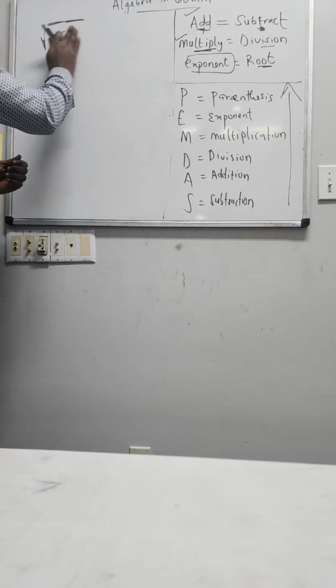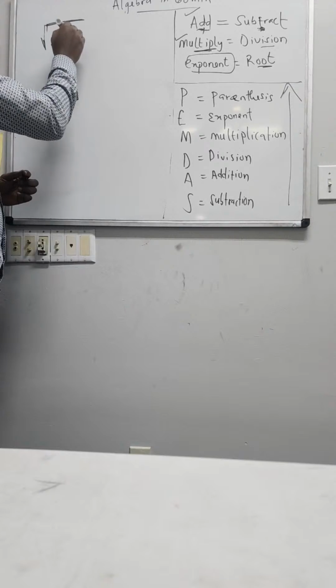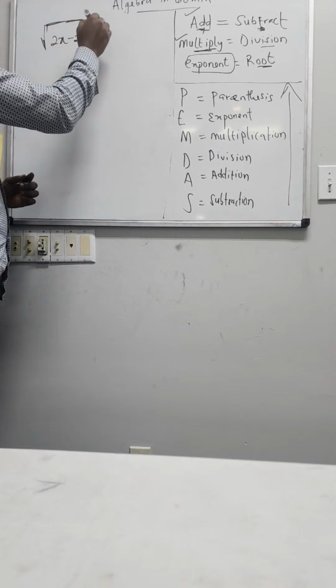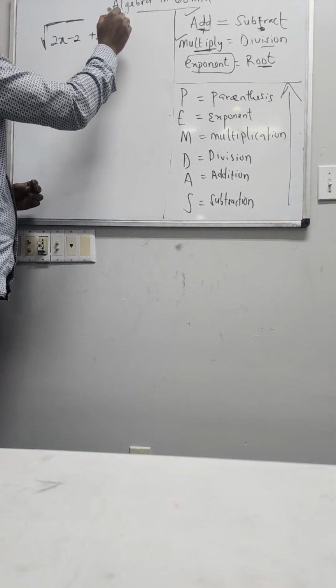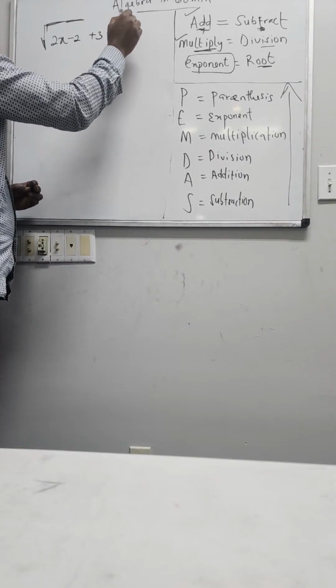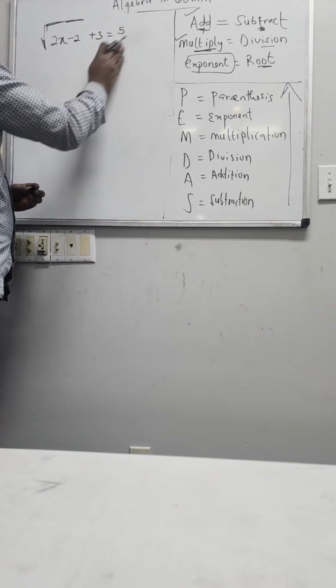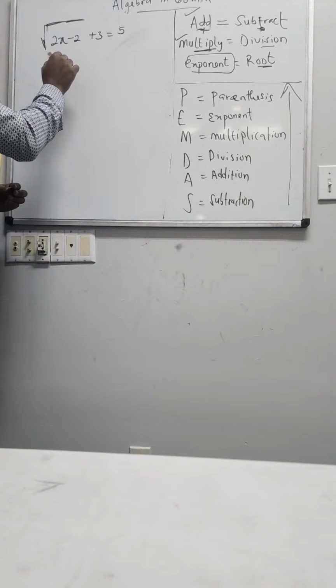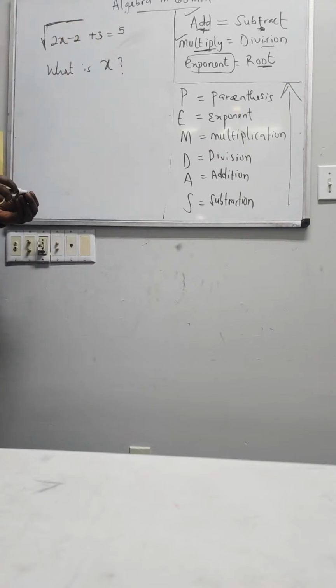Now we have root 2x minus 2 plus 3 equals 5. What is x? Can you try this? Just spend like 3 minutes to do this.